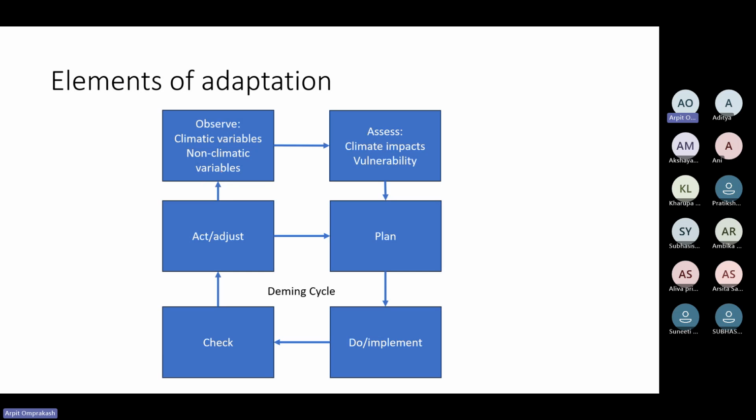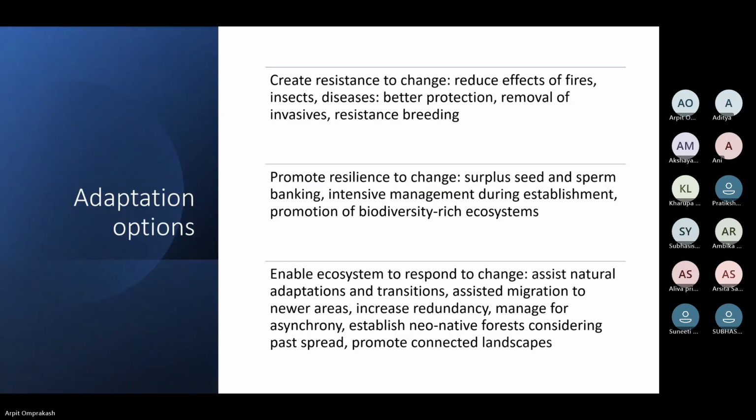Check is where we observe all the climatic and non-climatic variables and how they are changing. Is it getting better or is it getting worse? Then we decide to act or adjust our policy. If what we are doing is working out, we'll continue doing that. If it is not working out, we'll try to adjust it in some way. And the cycle continues.